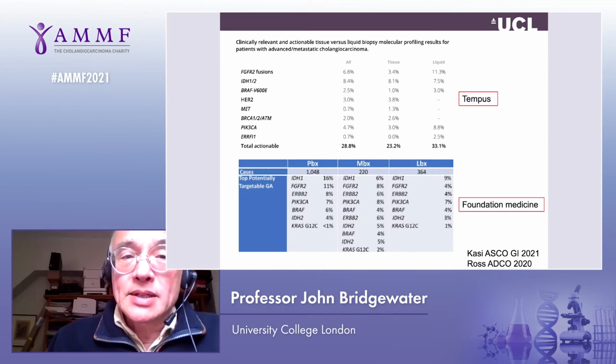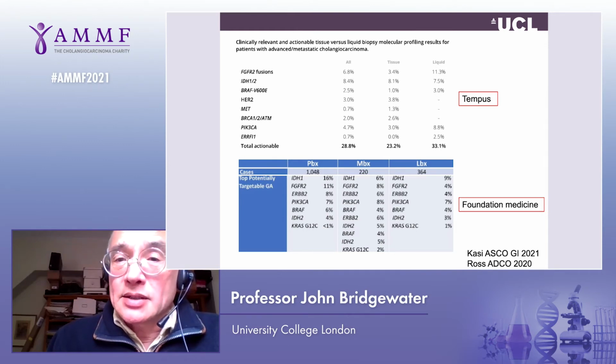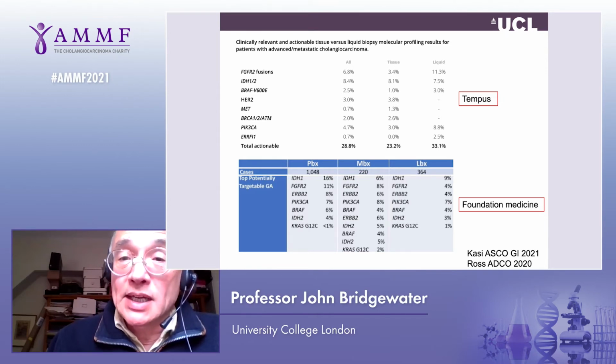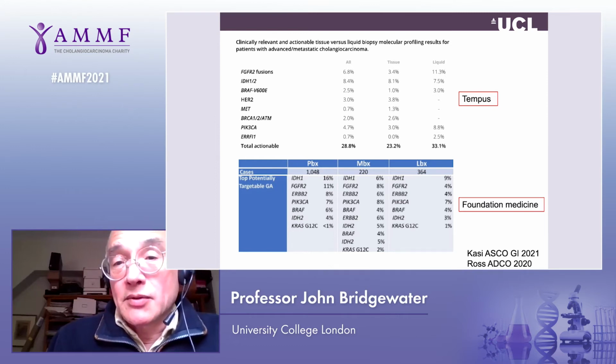And you see there's a big difference between doing it on the biopsy here, or doing it from a blood test, using what we call a liquid biopsy. And for some abnormalities, for instance FGFR, it's clearly for this test, the liquid is better, but for other ones, it's much the same. And for the IDH1, it's much the same, and that gives you an idea of what to expect if you're going to use this test.